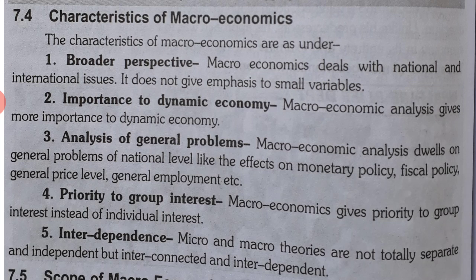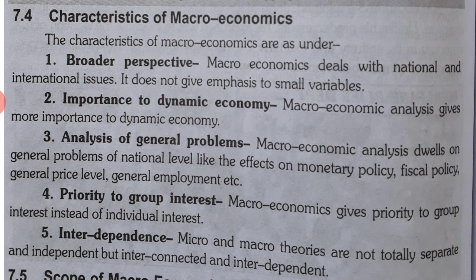Now, what are the characteristics? The characteristics or features can be drawn from the definition or the meaning of any word. If you know the meaning or definition, then you can draw its features. So the salient features are, it has broader perspectives. Why?